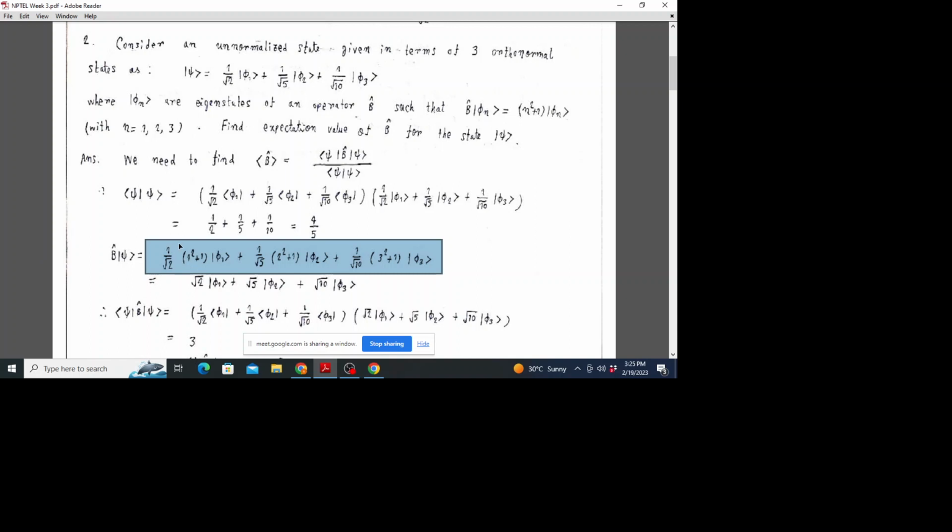Now, acting on phi 1, this is just B acting on phi 1, the first component, which was this 1 by root 2 phi 1.